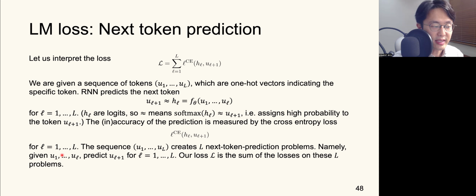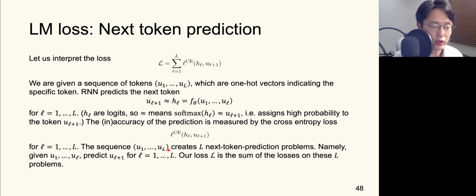It doesn't really make sense to have the language model predict what the first token U1 is going to be, because what information would the language model have to be able to predict the first token? There's nothing. So the task of predicting U1 is not something that the language model is trained for. The language model is trained on predicting token U2, U3, U4 up to U_L, the final non-terminal token, and then also predicting the final end of string token at U_{L+1}.